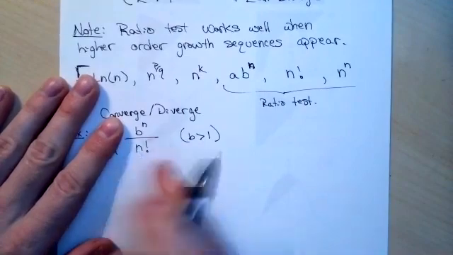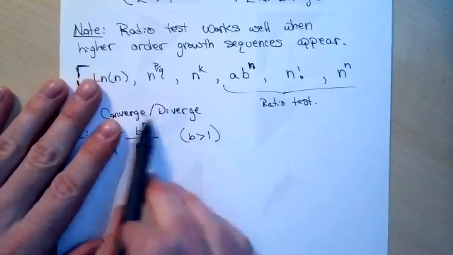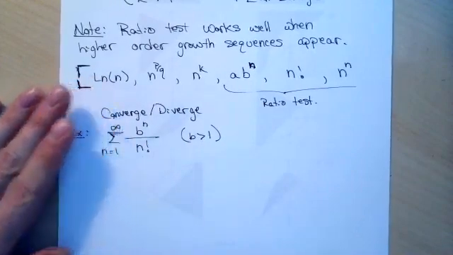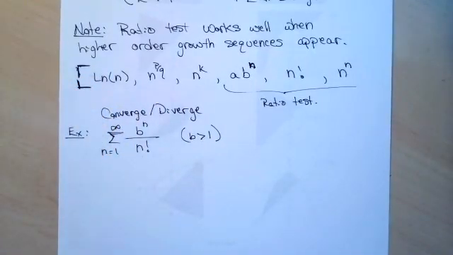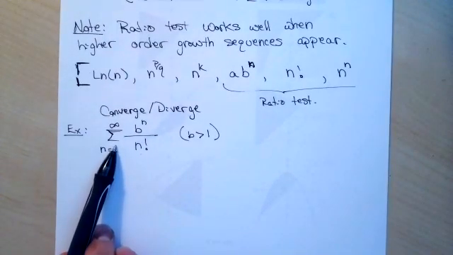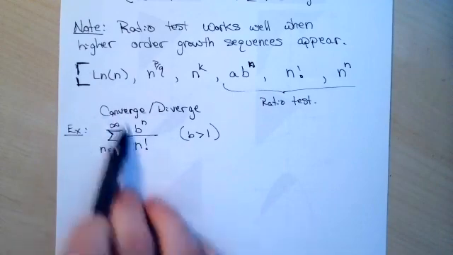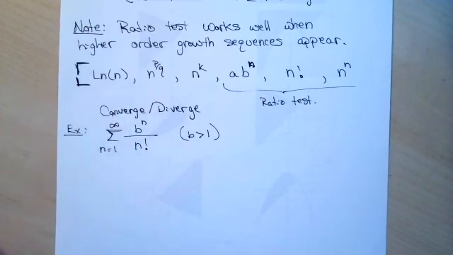I know that the factorial will grow fast enough and will dominate the geometric series. But now the question is, is it dominated fast enough so that the series itself converges? The sequence of individual terms will go to 0, but now we have this extra added metric of adding up all of the terms.